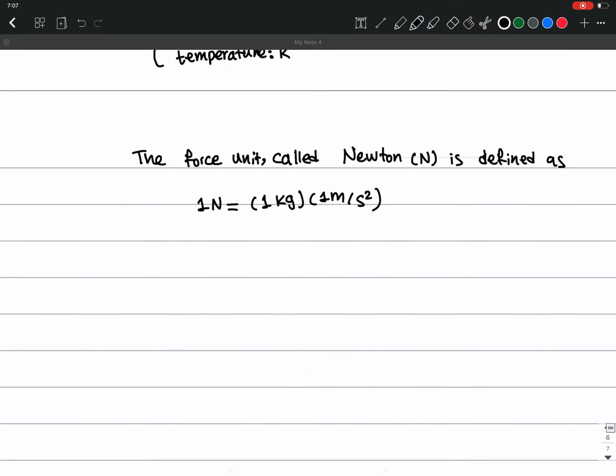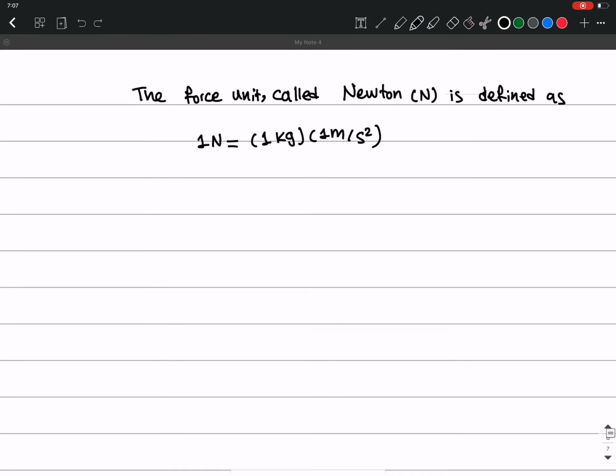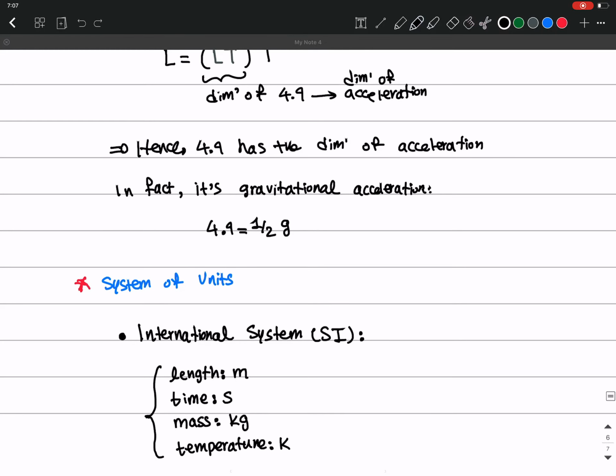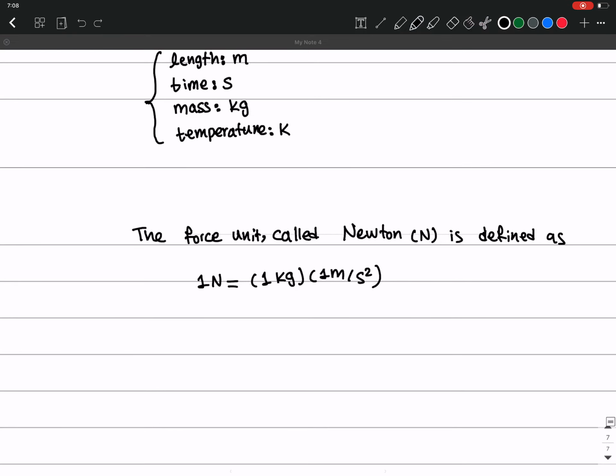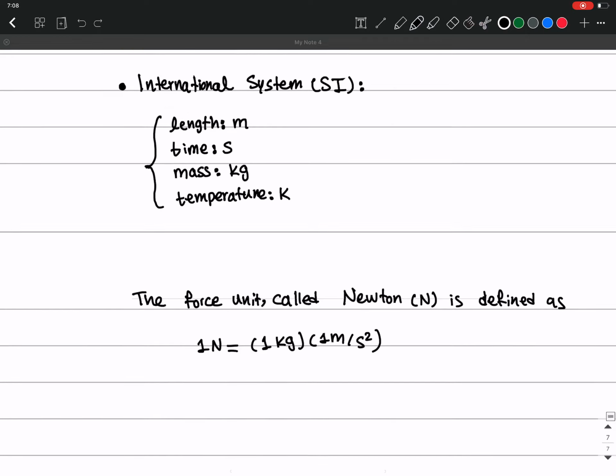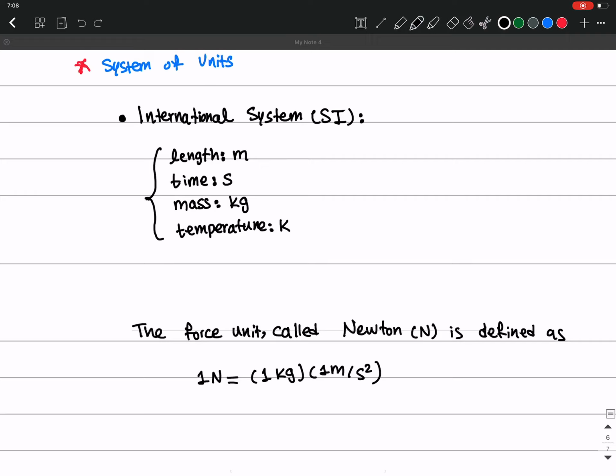So we don't really need any additional dimension or any additional unit, and we can just use those. But because force is commonly used, we might also use Newton, because instead of saying kilogram meter per second square, we can just show it with N.